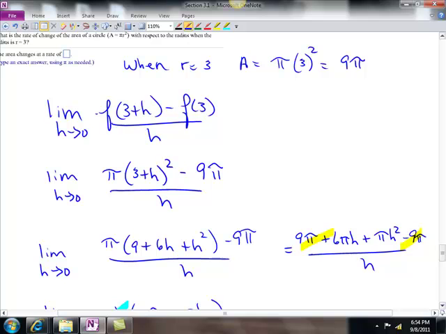It's pi times r squared, so it'd be 9 pi. That's exact. And you use 3.14 to get a pi.